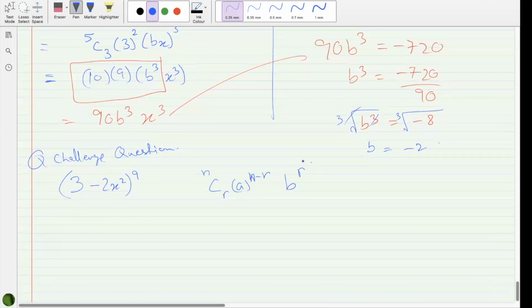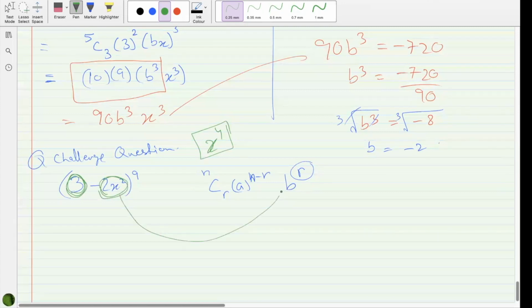So what should be the value of r to get x power 4? Anyone? Repeat the question. What should be the value of r to get this term, x power 4? The first term is always a and the second is always b. So b will be substituted in this place. So what should be the value of r to get x power 4?